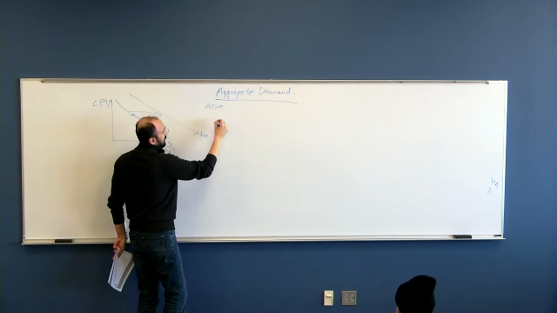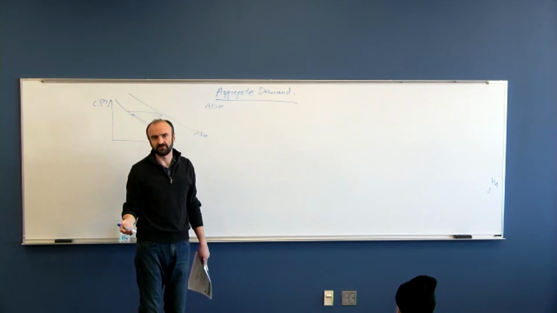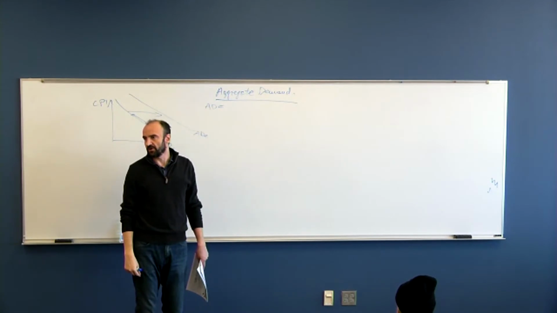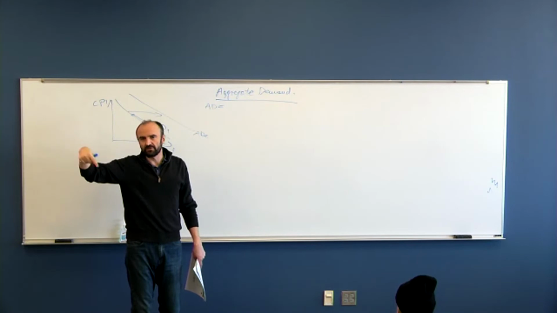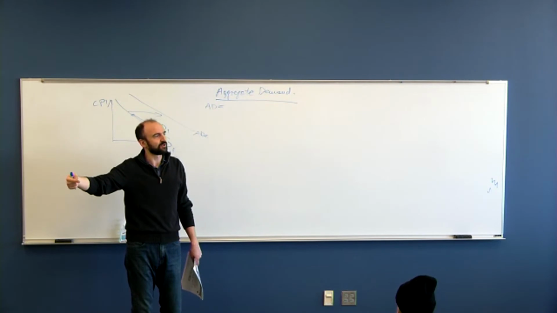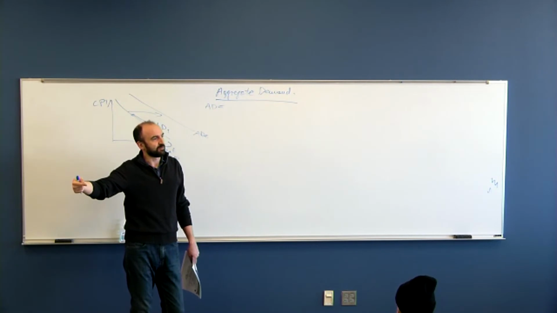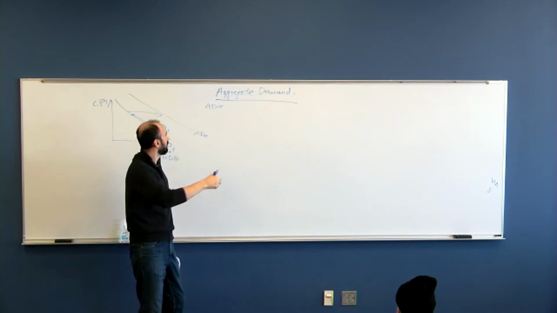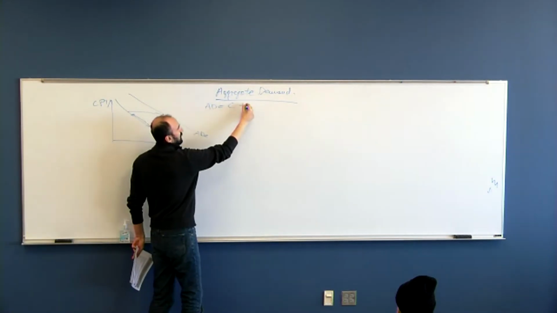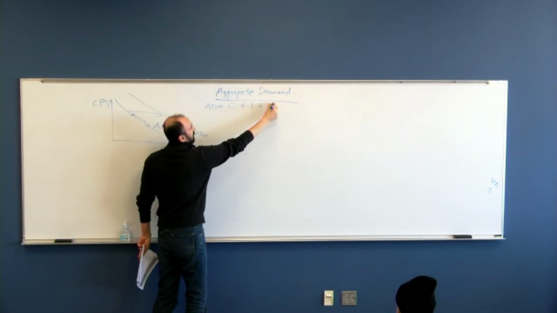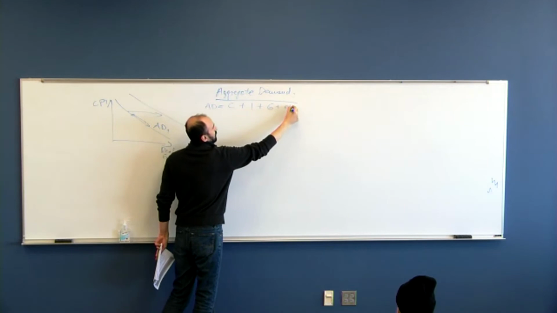So you see that the aggregate demand would be understood as the total level of spending in the economy. And then we can write down the same equation that we used to calculate GDP by expenditure, which means consumer spending plus investment spending plus government spending plus net exports.